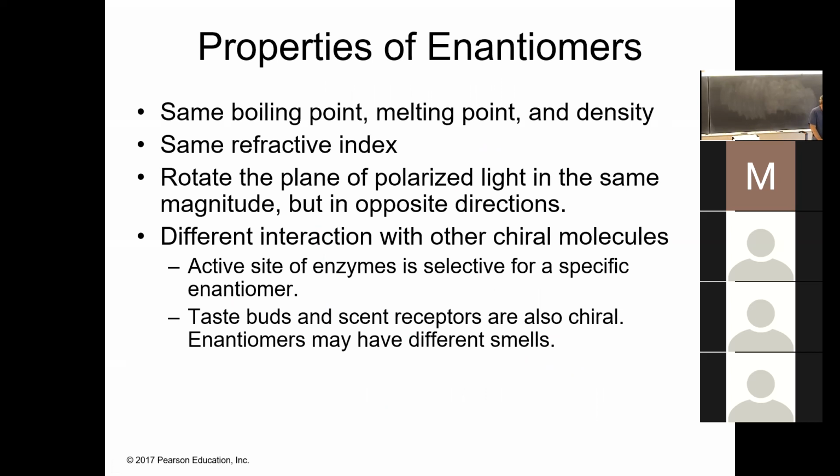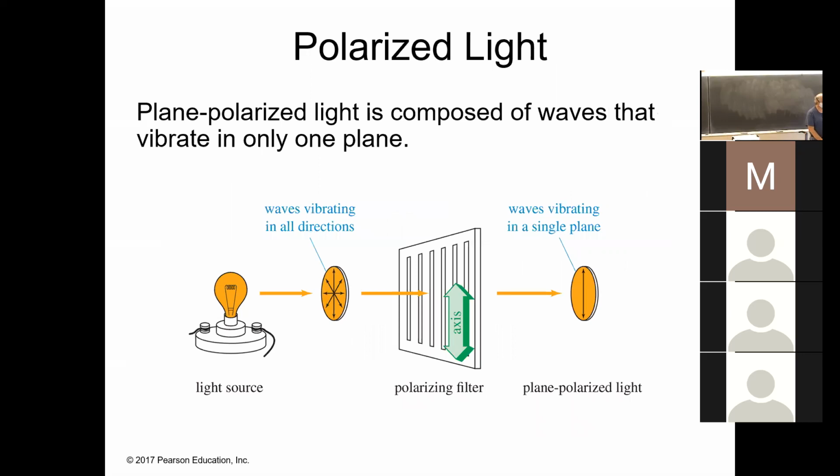Okay, enantiomers have very similar properties. Many properties actually are exactly the same. But mixtures of enantiomers may actually have different melting and boiling points. Optical rotation is a physical measurement that we make.